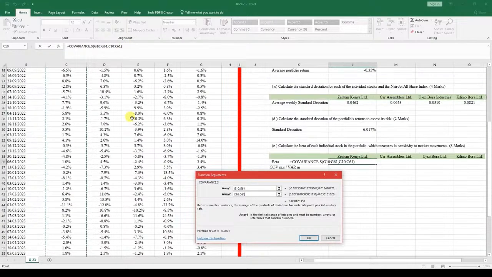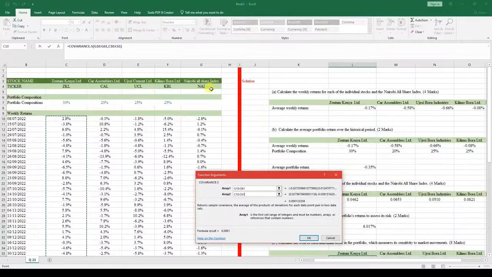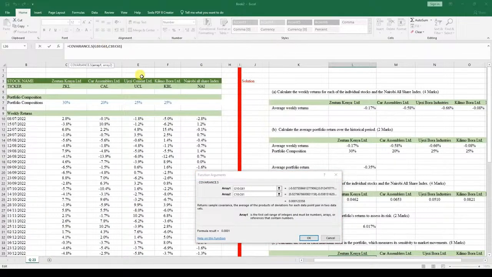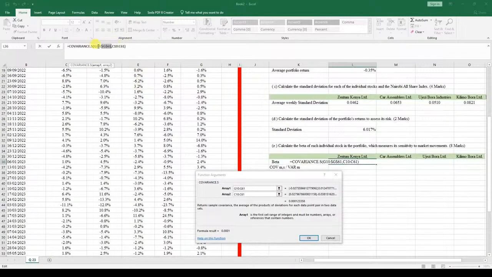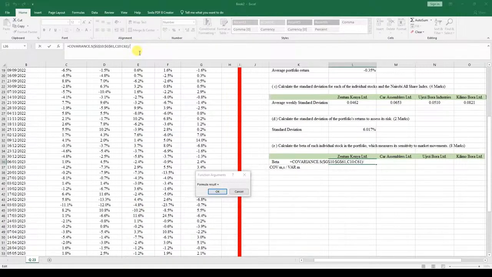So we can lock the one for the market, so we are saying this one for G is one that we can decide to lock, F4 and F4. Why are we locking it? Because we want to ensure that the covariance of the market remains like that. And then we do what? We divide now, divide by, you can see the variance like this.